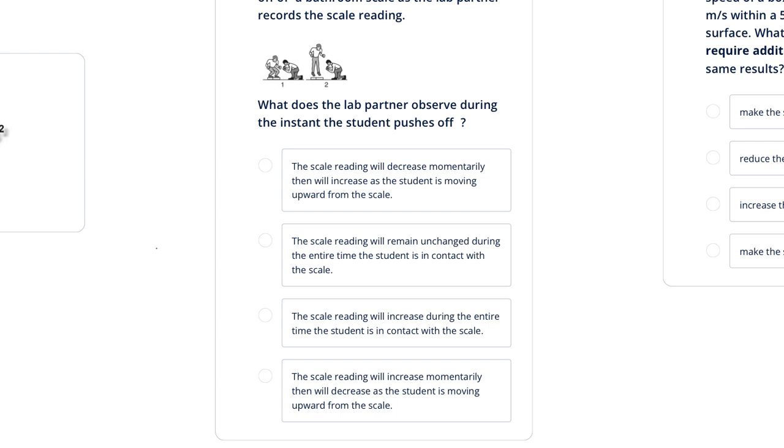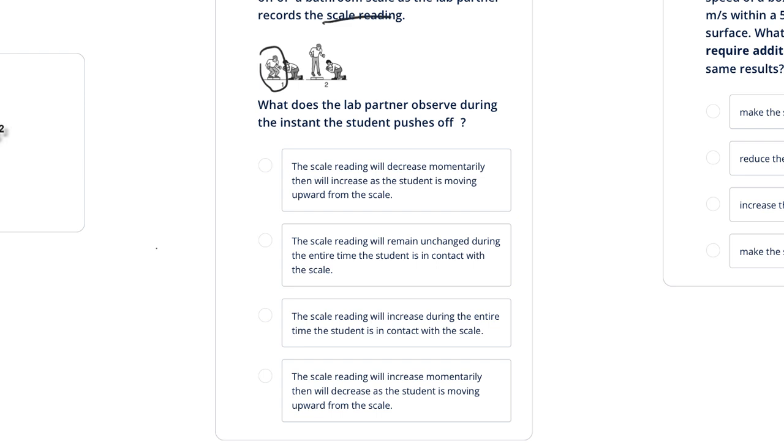Okay, so right here we have a situation where the guy is jumping off the scale. So he starts at rest. When he's at rest, the scale reading is reading his true weight.